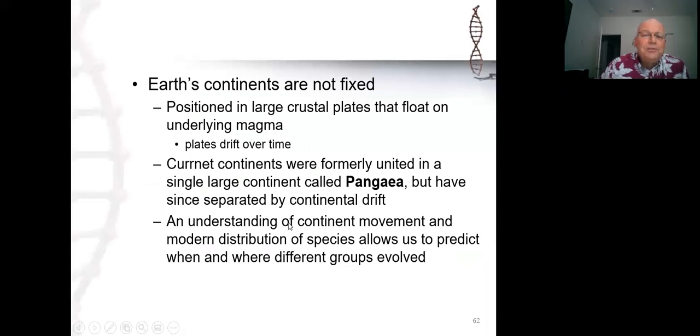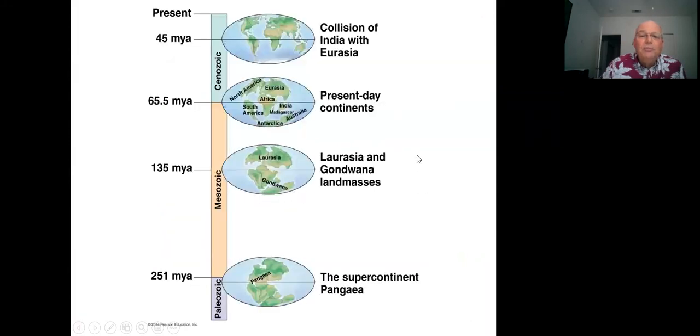So what tells us about these movements, and I just noticed that there's a typo here, that should be current, is the nature of the movement of the continental landmasses, what is referred to as plate tectonics. So here you can see some of the movements. We'll talk about this in a lot more detail when we talk about the history of life on Earth, because we'll get into the plate tectonic story there.